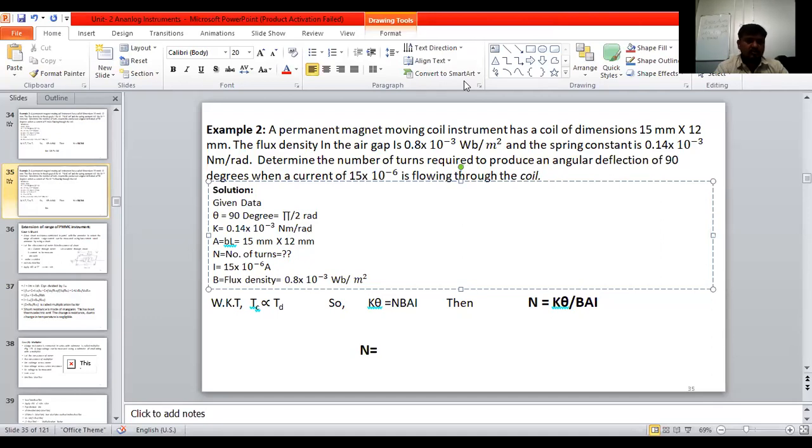Any other answers? 0.14 into 10 to the power of minus 3 into 5/2 divided by, what is the B? How much have we considered? 0.8 into 10 to the power of minus 3 or minus 6?